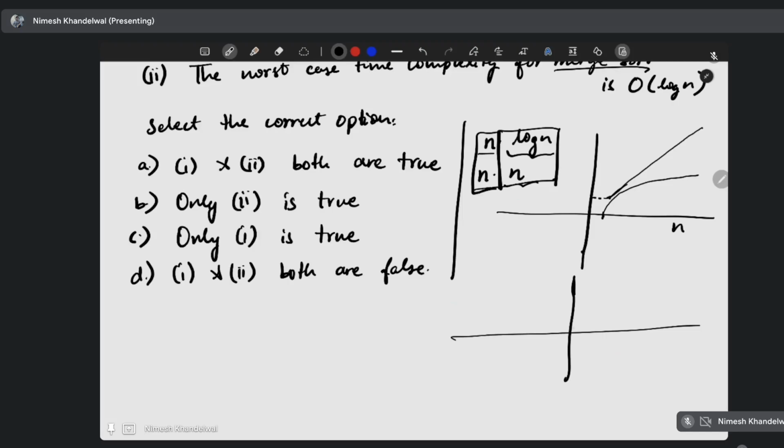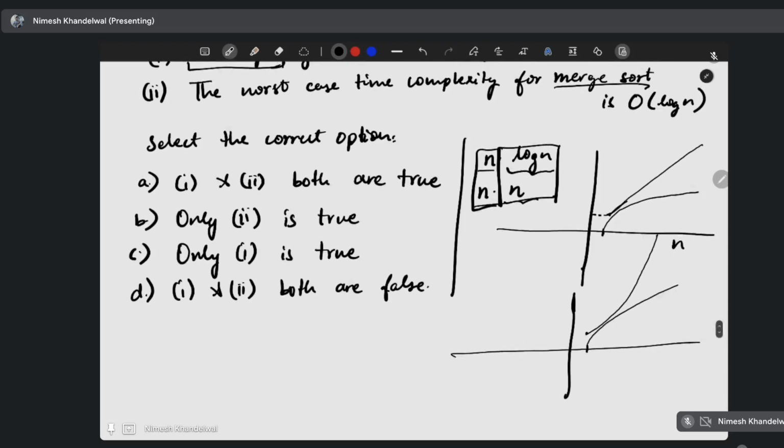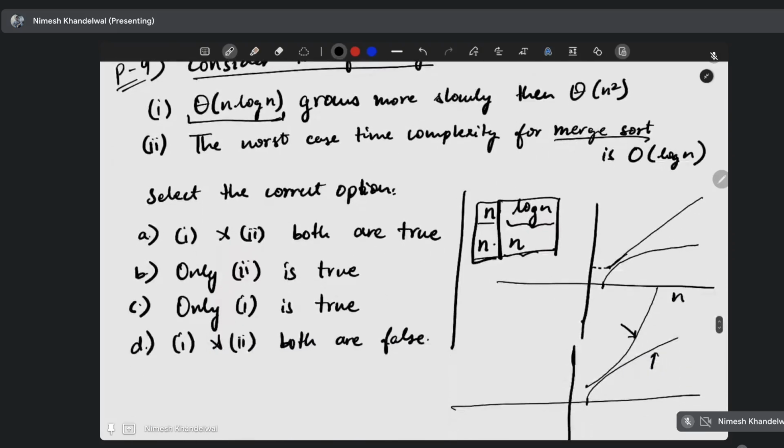For example, this n log n will become a bit linear asymptotically, and this n squared will grow quadratic. So again we can see that the growth rate of this function is less than the growth rate of this function, right? Of course, for very large values of n as n tends to infinity, right?